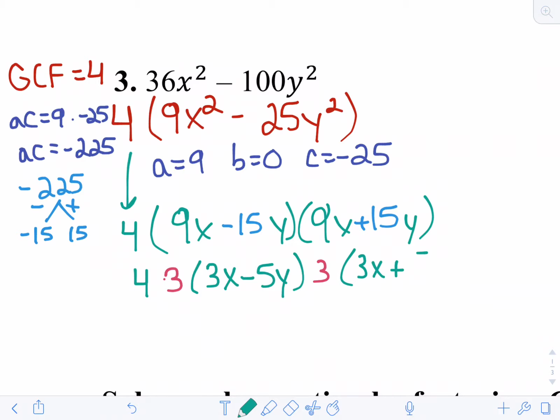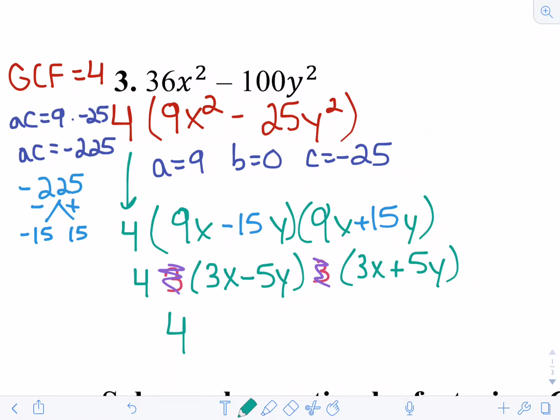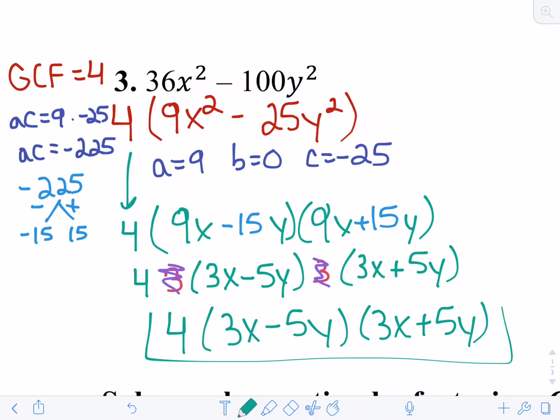Now remember, if you pull this stuff out after the greatest common factor, you trash it. So trash, trash. So my final answer that I have left over is 4 times 3x minus 5y times 3x plus 5y. And that's it.